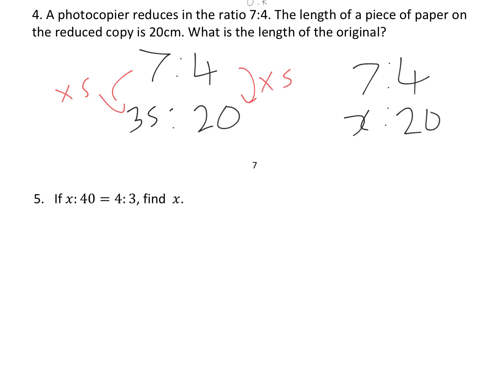If two ratios are the same, you should be able to divide the left by the right, and those fractions should also be the same. They should be equivalent. So instead of having awkward ratios now, we've got two fractions which we can work with using our equation skills. We've got x over 40 equals 4/3.